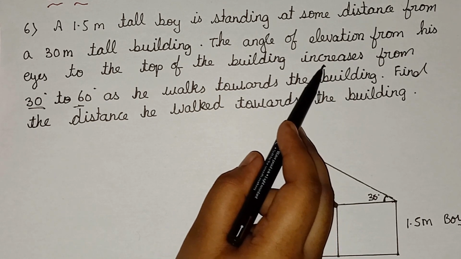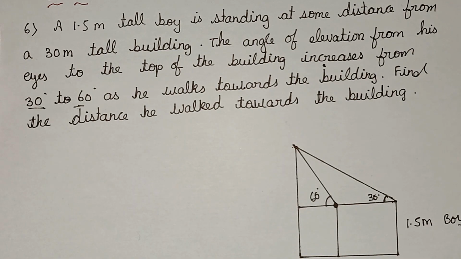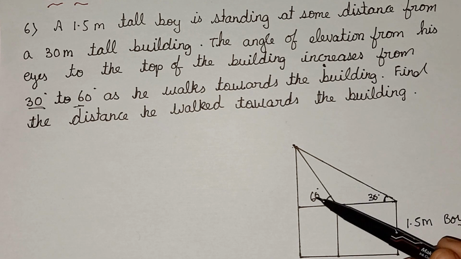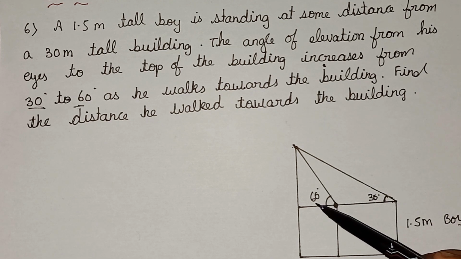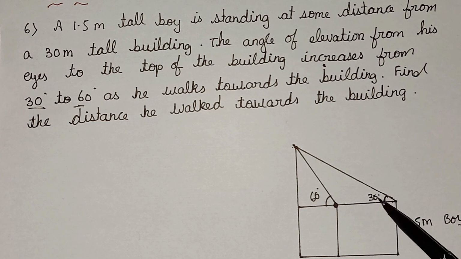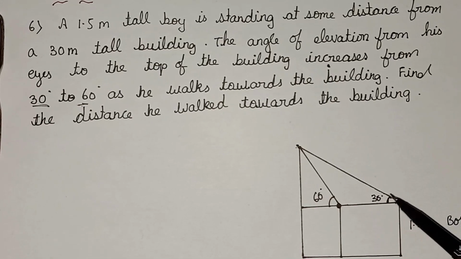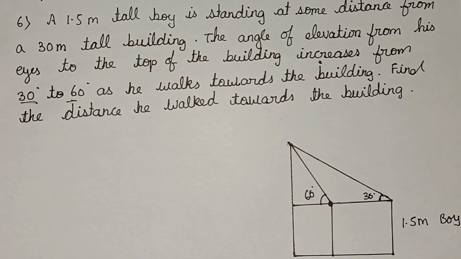Increases, this word is very important, increases from 30 degree to 60 degree. First it's forming an angle of 30 degree, increase means it is going from 30 to 60 degree. So never commit the mistake of writing 30 here and 60 here. Don't write 30 here, then it will be wrong. Increases means from small to big only we have to do it.